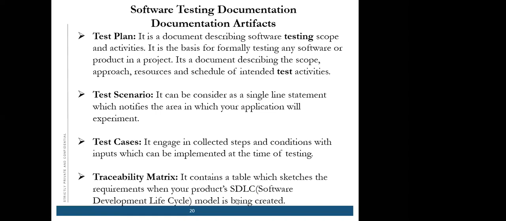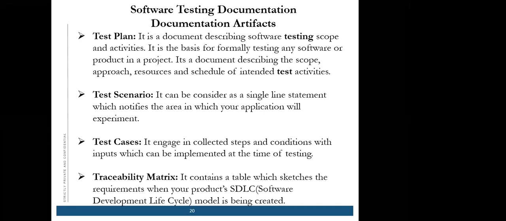Then comes the traceability matrix. As I've already told you, the traceability matrix is in tabular form, in which you write all your test cases, and then you can check whether you have covered all your scenarios. That includes all the test cases, the expected result and the actual result.